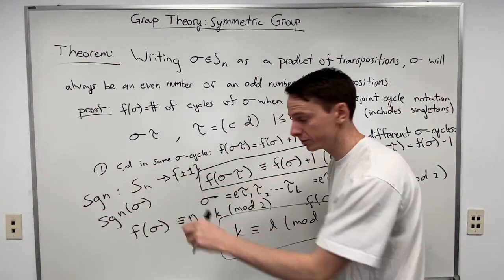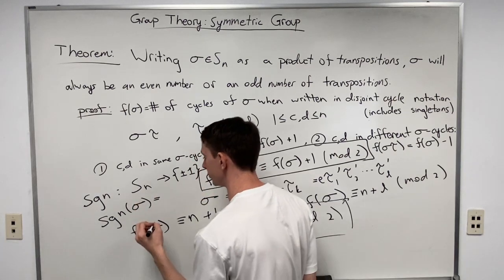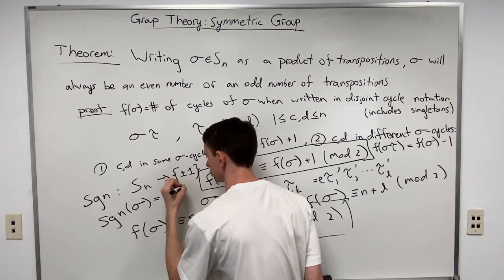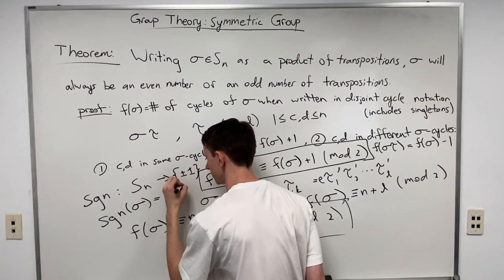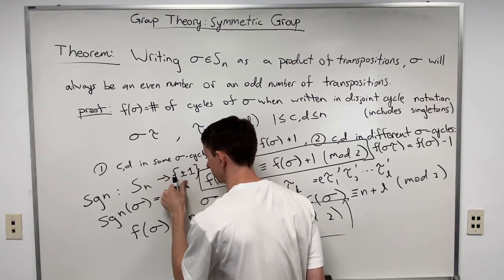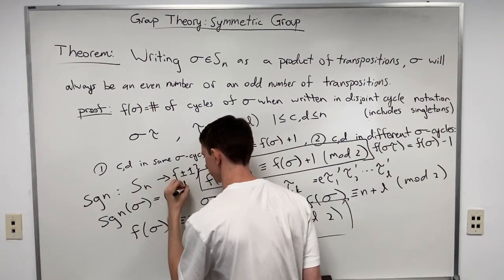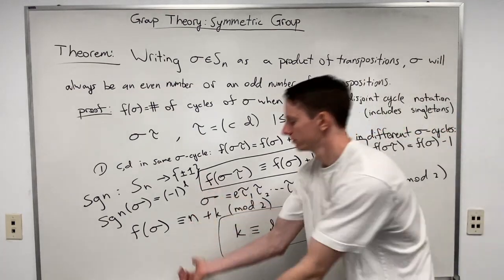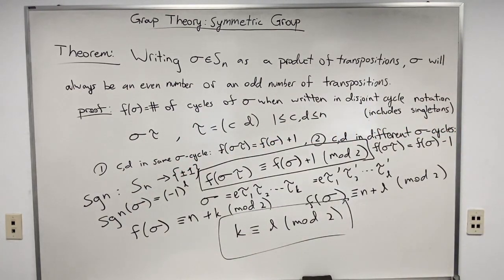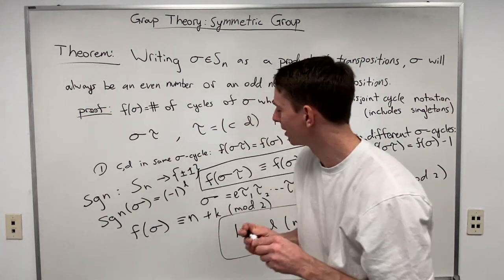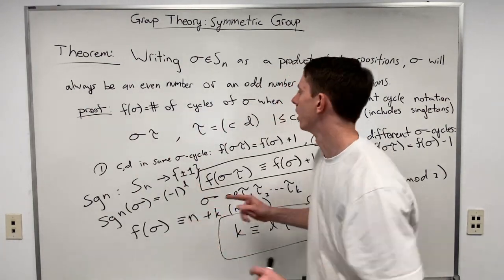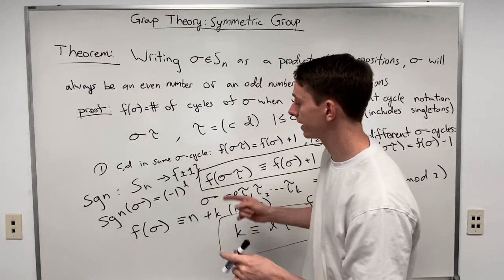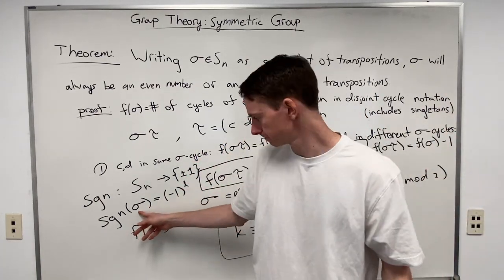And here's how it's defined. The sign of a permutation is simply going to be equal to -1 to some number. -1 to the L, maybe. I think that's how Dexter defines it. -1 to the L, where L is the number of transpositions, the number of 2 cycles that we have when writing out sigma as a product of 2 cycles.